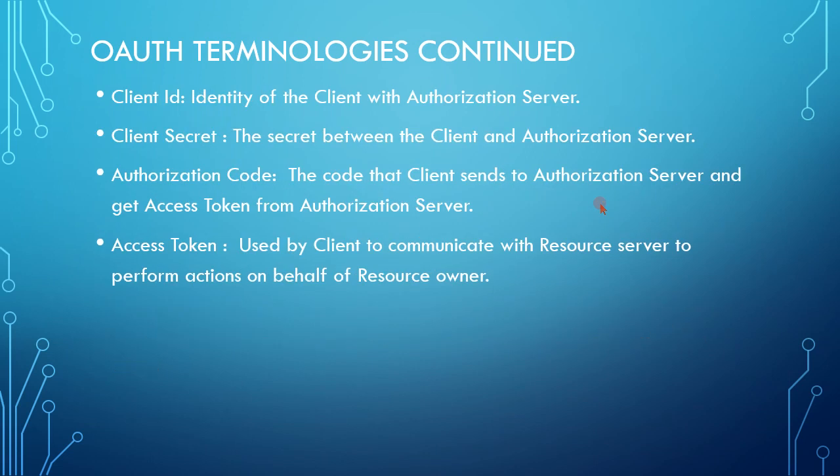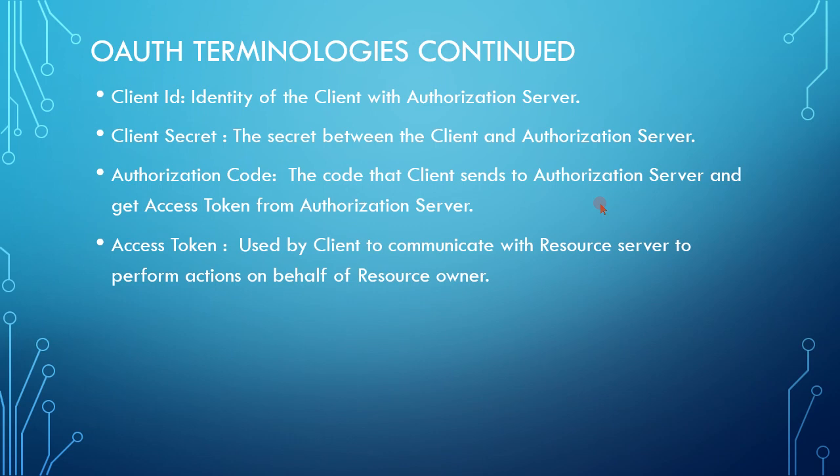Client ID. So this authorization server, which authenticates the resource owner and which issues the access token to the client to access some resource on the resource server on behalf of the resource owner, has to be registered on the authorization server.